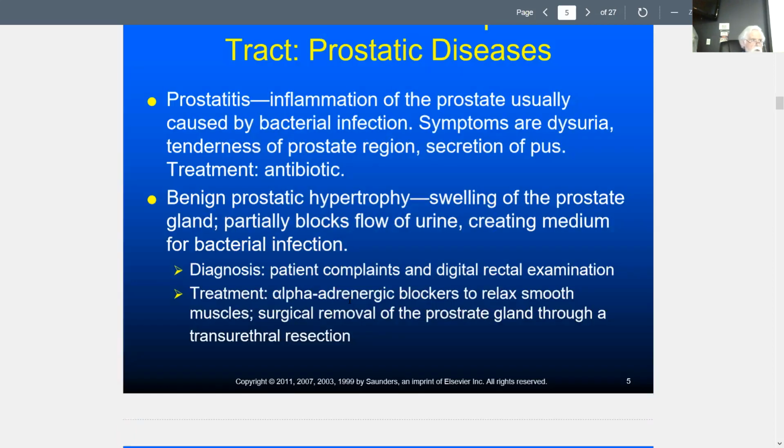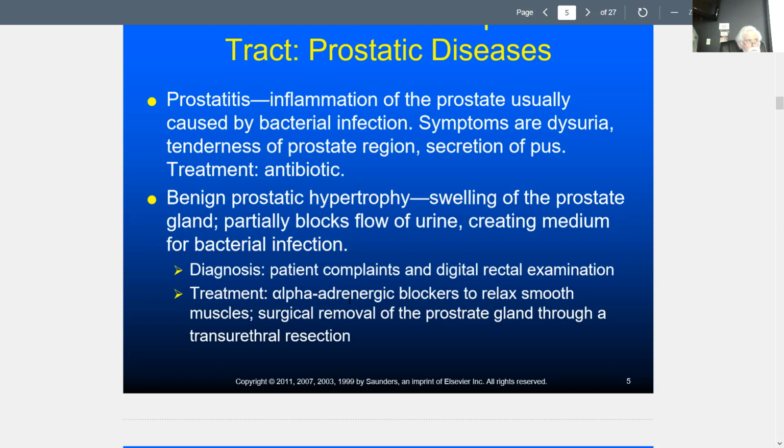Prostatic diseases that we have: prostatitis, which is an inflammation usually from a bacterial infection, and sometimes we can treat that, but it interferes with the ability to urinate. A disease called benign prostatic hypertrophy is very common with older males.